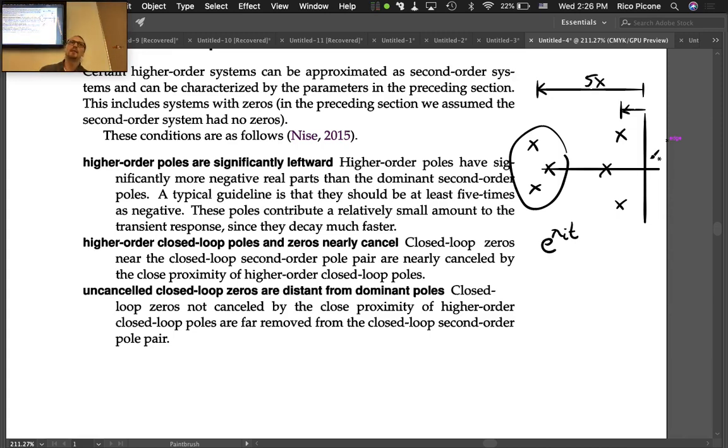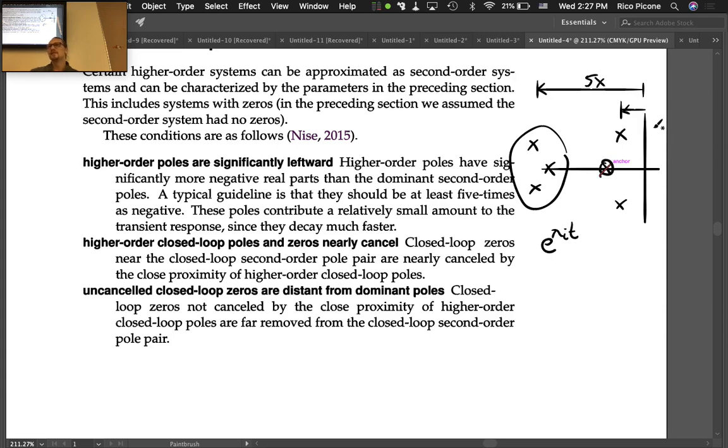It's a troublemaker in the sense that it messes with your second order approximation, because there's a pole that's close to the other poles. These two that you are thinking are going to dominate the response might not actually dominate it.